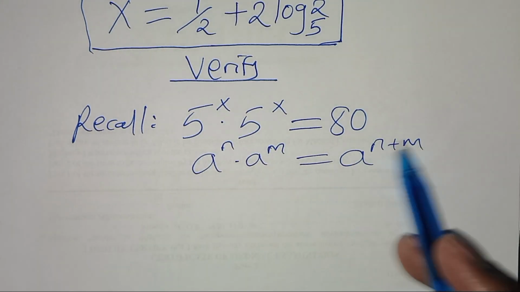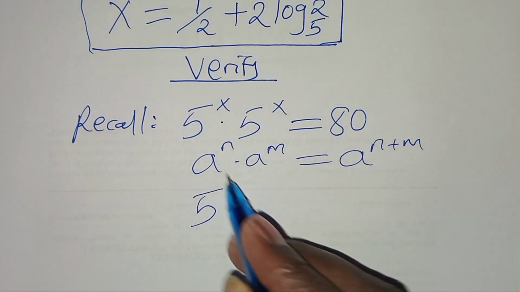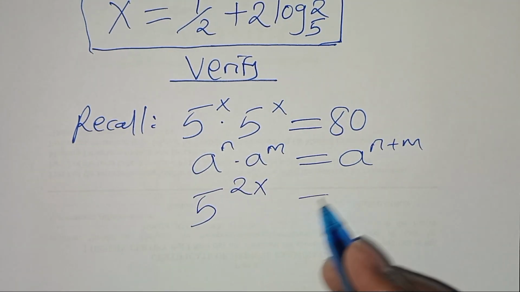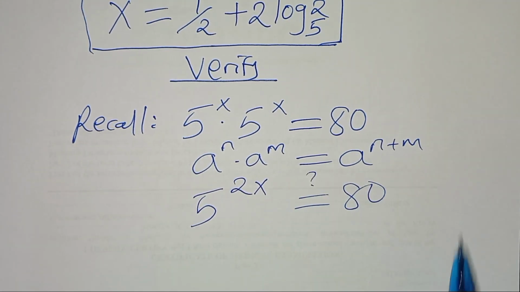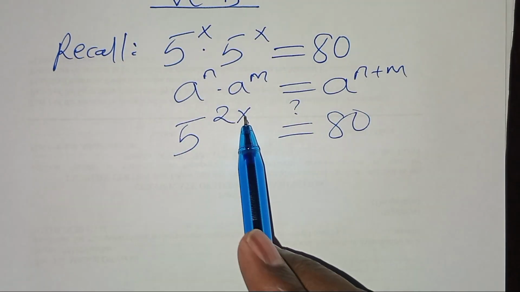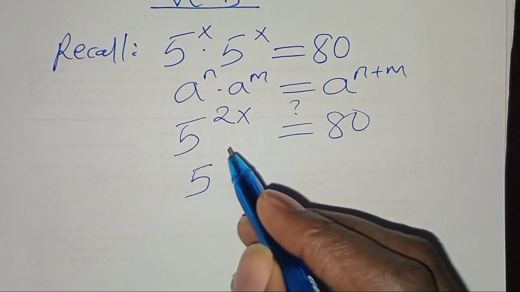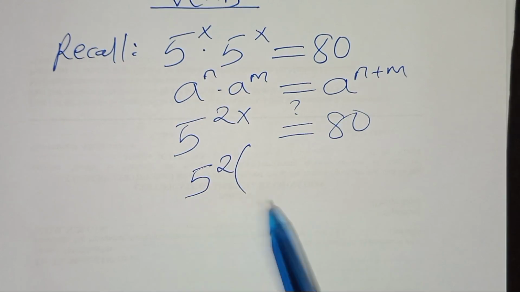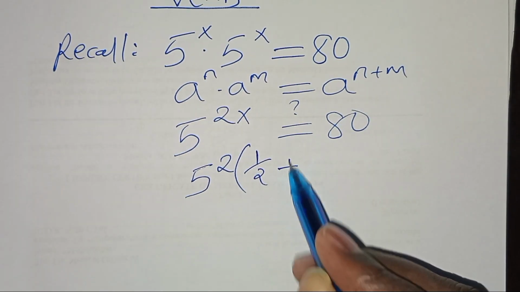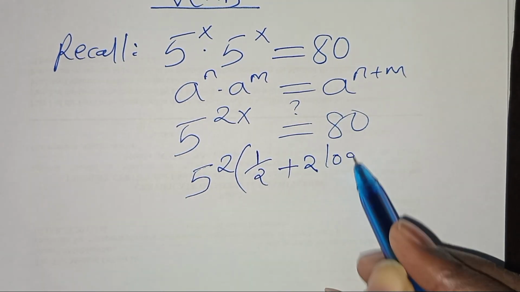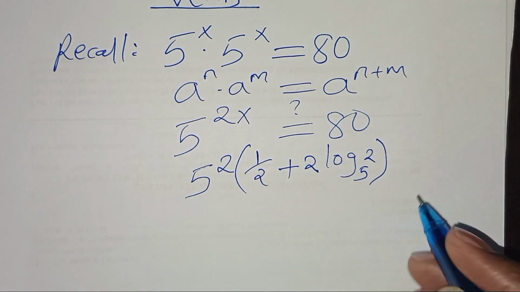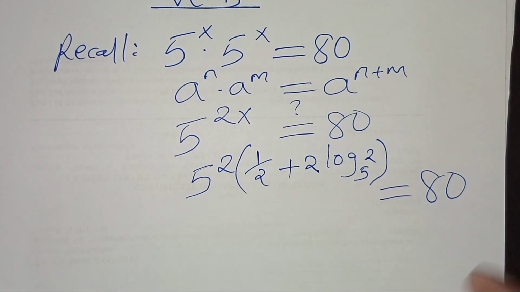Applying this exponent property, we'll have 5 to power x plus x, which is 2x. This should give us a value of 80. Now let's quickly substitute the value of x. We'll have 5 to power 2 multiplying by x, which is half plus 2 log 2 to base 5. This should give us a value of 80.